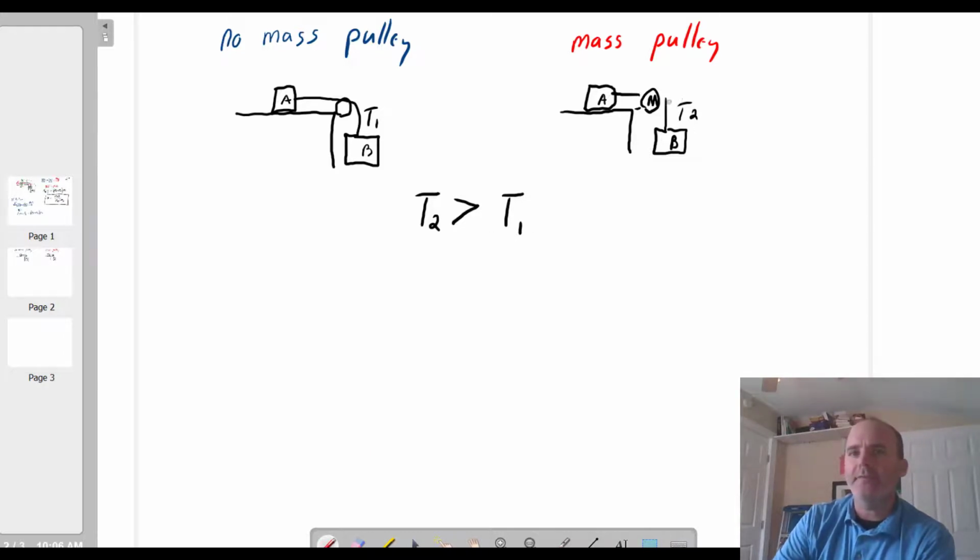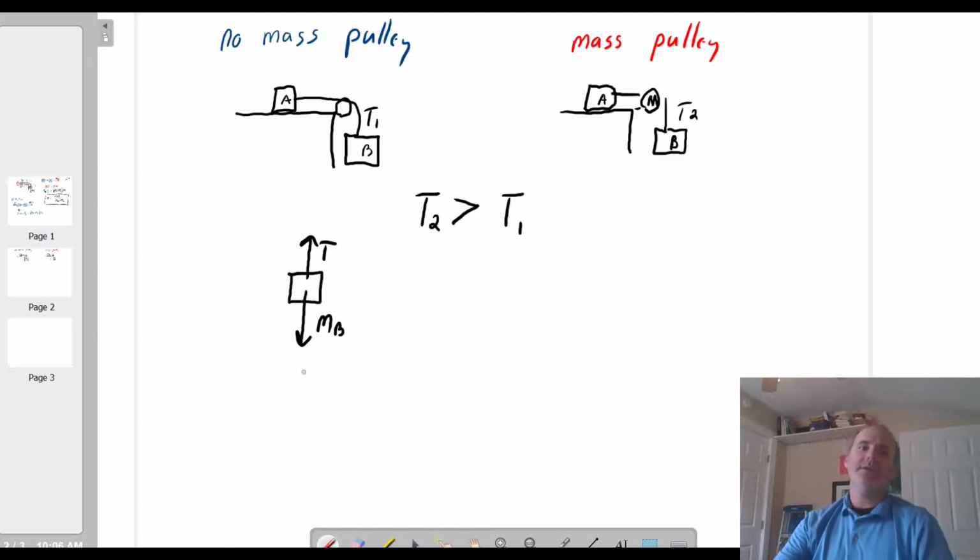So if this pulley has a mass, now we're going to have a greater tension. And the reason for this is if we look at this free body diagram for mass B, the acceleration is going to be less.